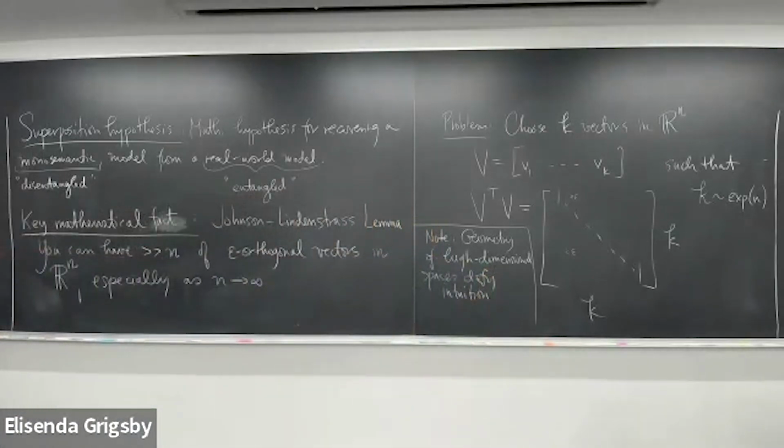So there's a lot of compression that can happen without too much interference, is the way we should think about this. These real world models can actually do computations for some much, much higher dimensional space without too much interference, whatever we mean by interference.